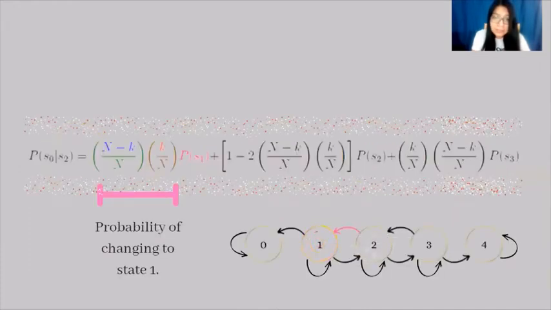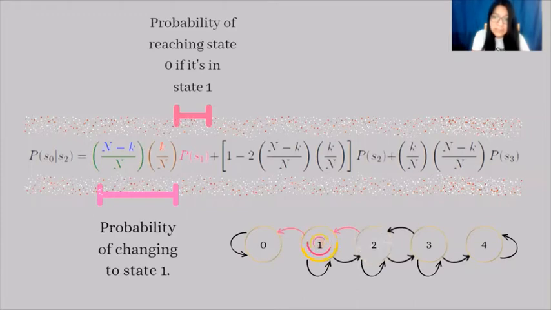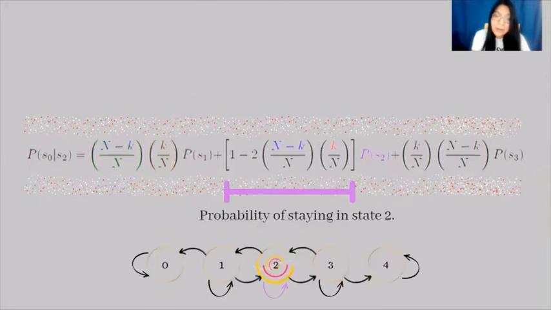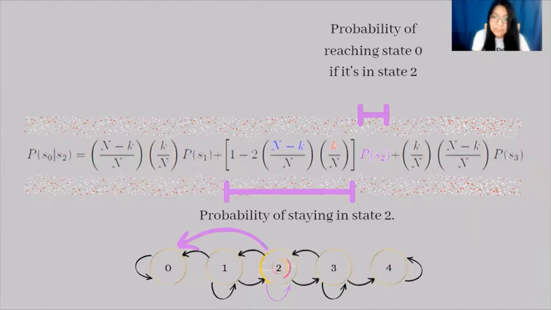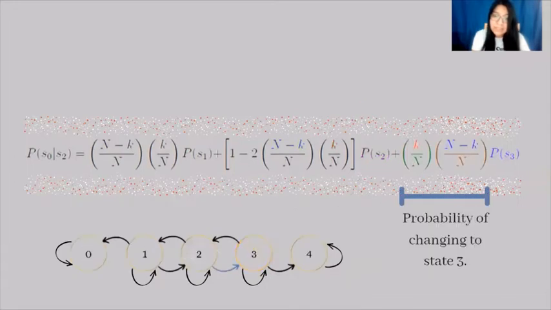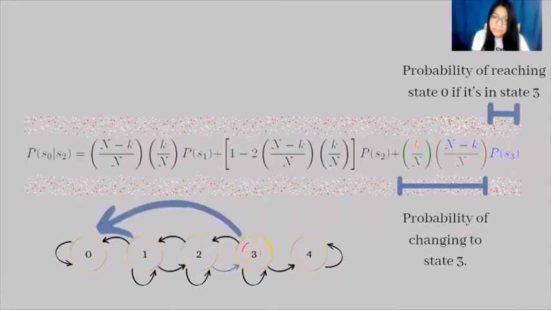The probability of reaching extinction given that we are in state 2 is the probability of changing to state 1 times the probability of reaching state 0 if it's in state 1, plus the probability of staying in state 2 times the probability of reaching state 0 if it's in state 2, plus the probability of changing to state 3 times the probability of reaching state 0 if it's in state 3.